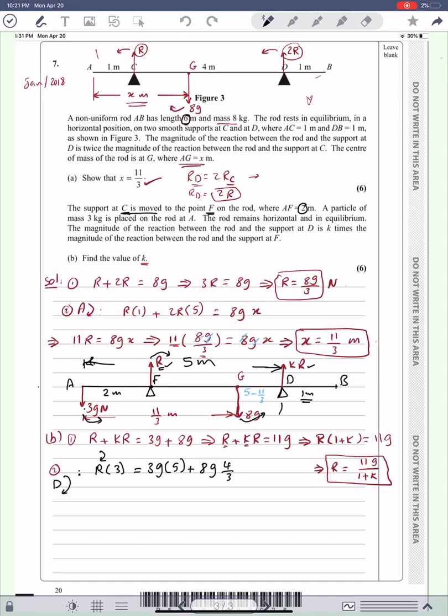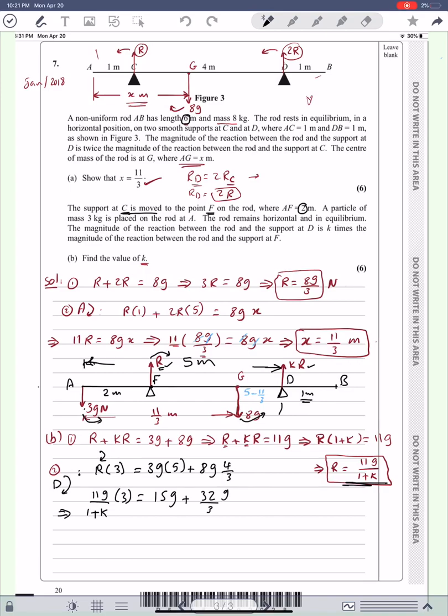4/3. By replacing R by its value, R is 11g over 1 plus k, times 3 is equal to 15g plus 32g/3, which is 8 times 4, g/3.